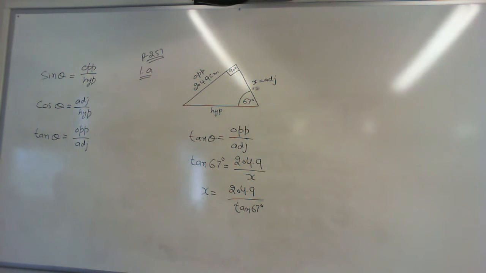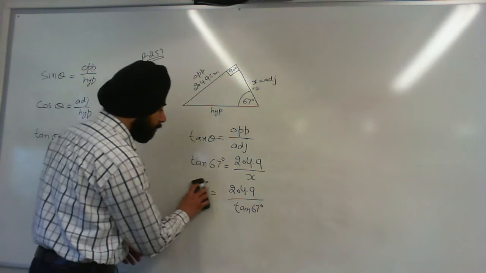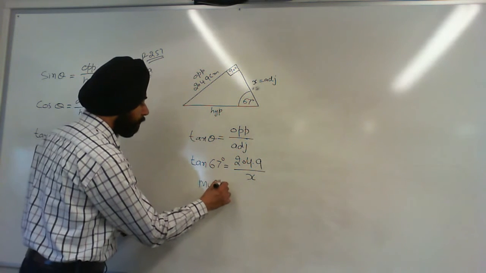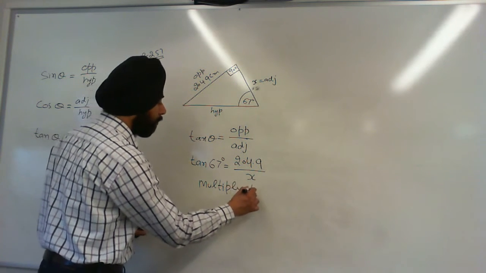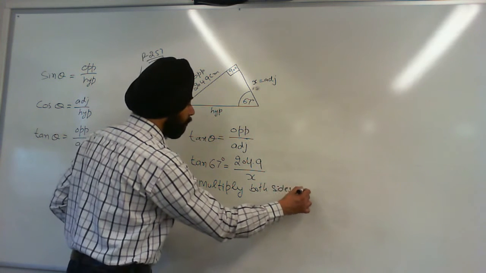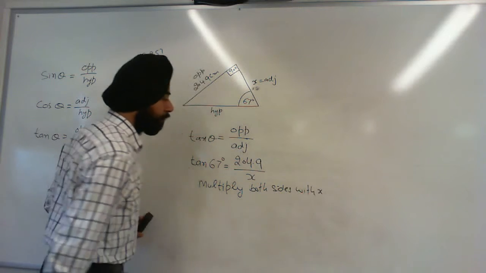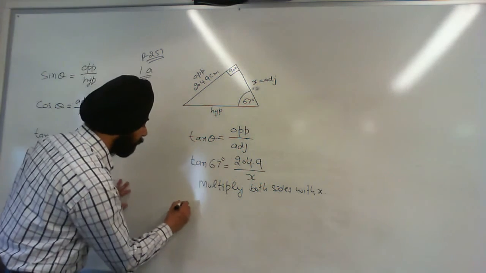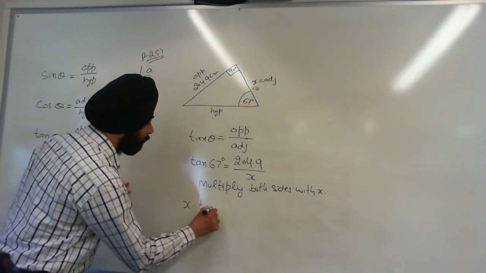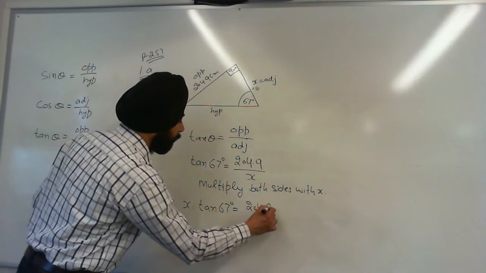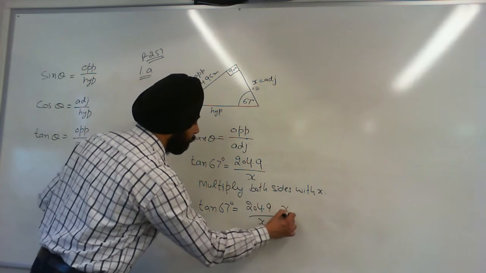The other way to understand it is like this. If you multiply both sides with x, this will become x times tan 67 degrees is equal to 204.9 over x times x.